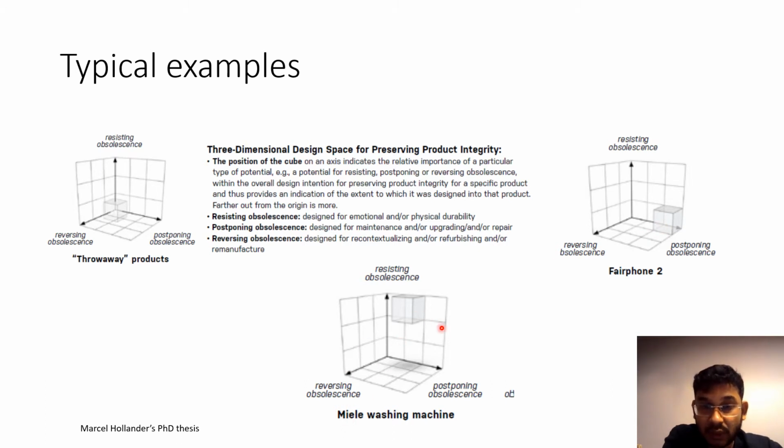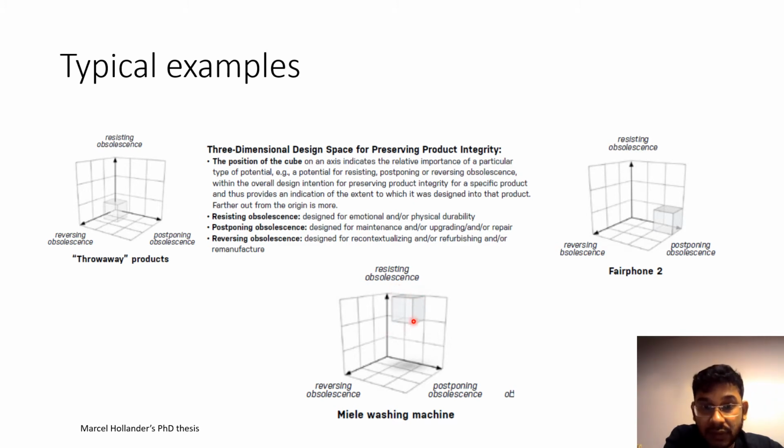And the Miele washing machine, we also saw the washing machine in the remanufacturing lectures in different contexts. How do they challenge obsolescence? They do it by making the product so durable. Instead of lasting only, let's say, 5 to 10 years, by using really high quality components, the washing machine is supposed to last until 25 years. So by ensuring great durability, they are challenging obsolescence.